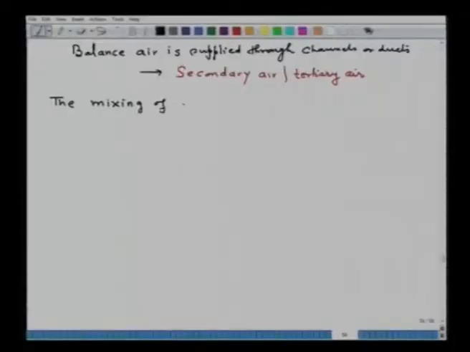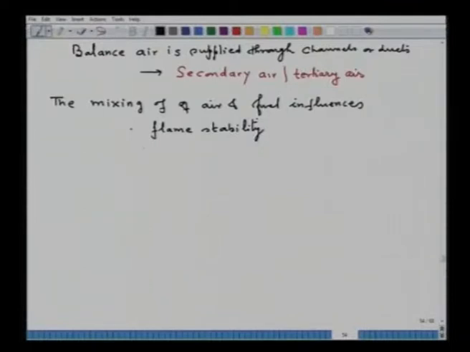Therefore, the mixing of air and fuel influences flame stability, emissions, in the sense whether the combustion is complete or incomplete.